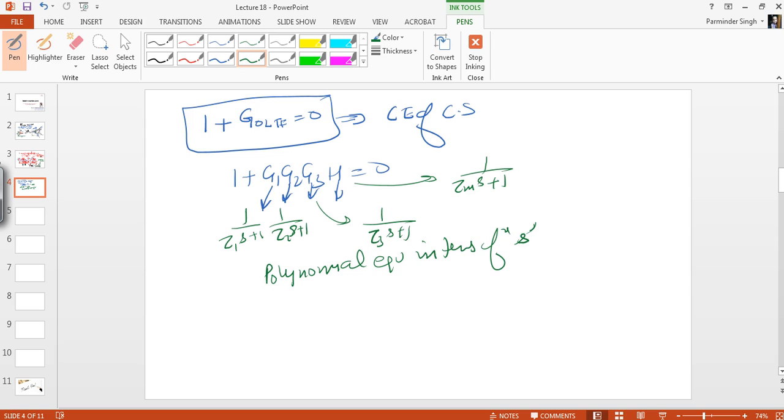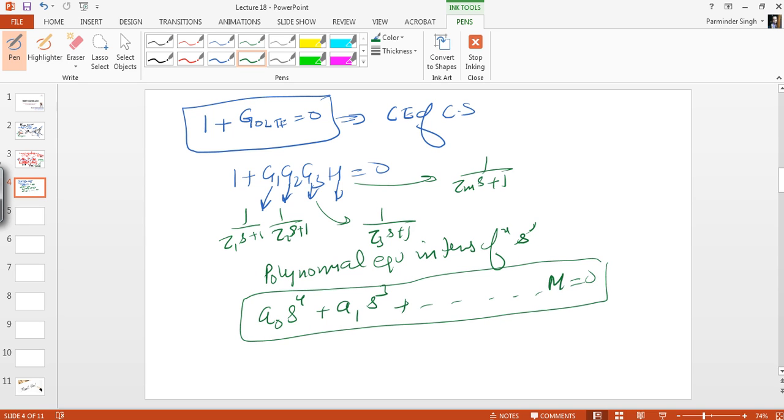Clear? We have a polynomial equation in terms of S. So can I say that the polynomial equation can be something like a naught S4 plus a1 S3 plus so on, with a constant something like m at the end? Clear?